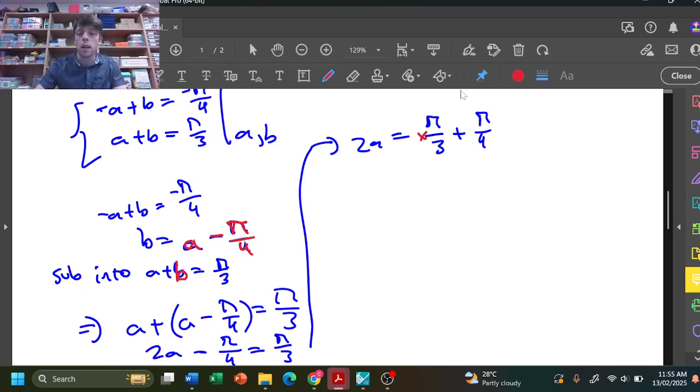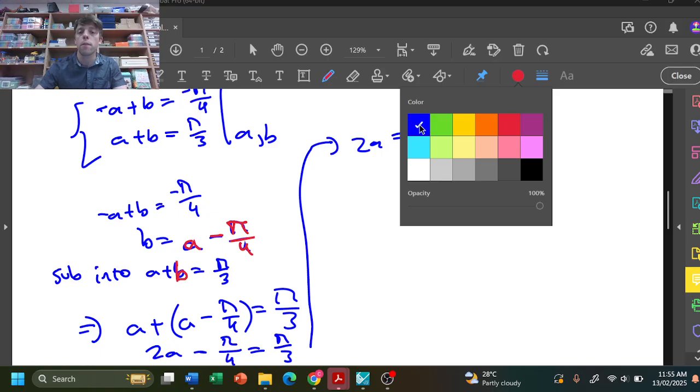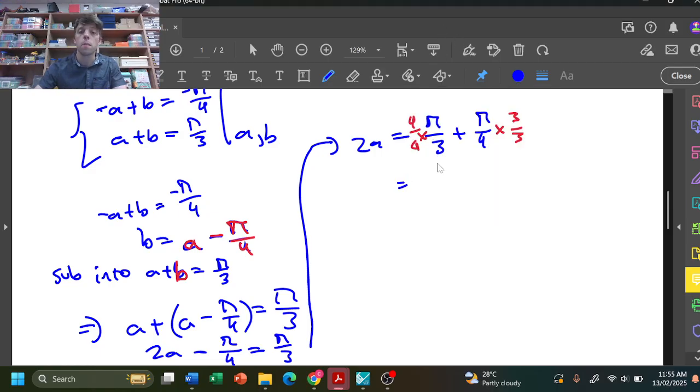So the way we do that is we multiply them by the other one over itself. So for example, we could multiply this by 4 over 4, multiply this by 3 over 3, and that way both of them will have the same denominator, and that denominator will be 4 times 3, which is 12. So we're going to have 12 down the bottom, we'll have 4 pi up the top here. This is 3 pi on 12. Now we can just add these two things.